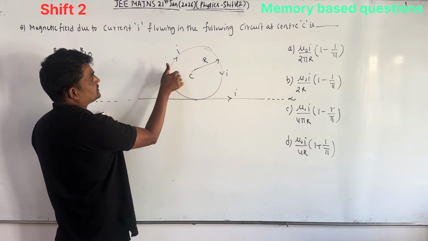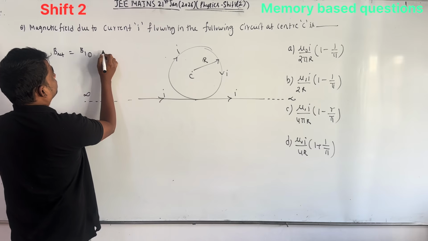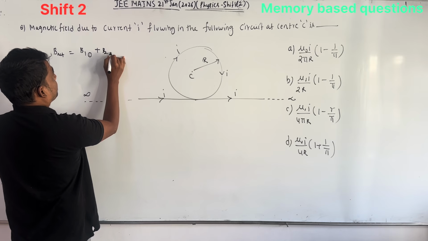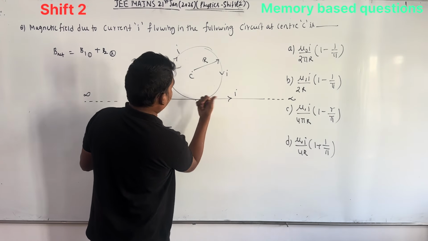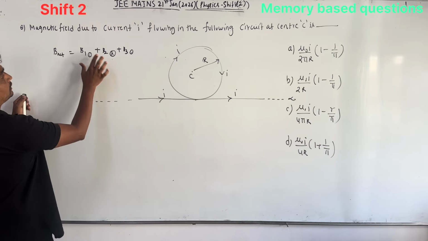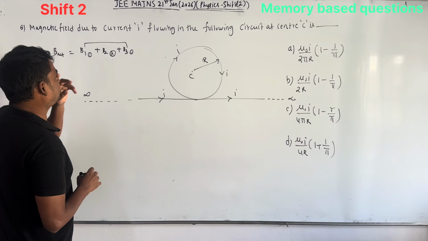Next, due to this circular loop it is inward, so plus B2 inward. Next, due to the semi-infinite wire again the magnetic field is outward, so B3 again outward. So we can subtract these outward things from the inward thing, or the inward from the outward, anything.